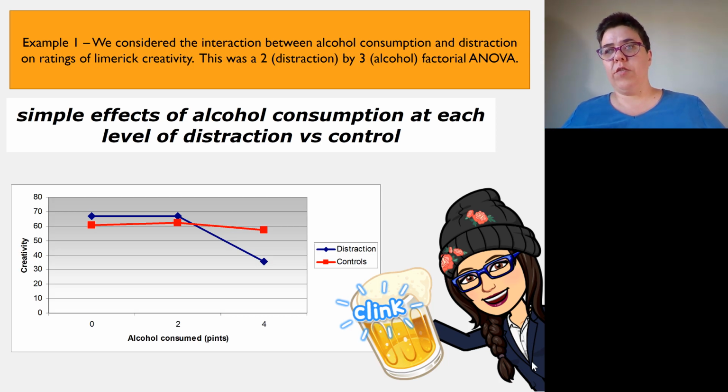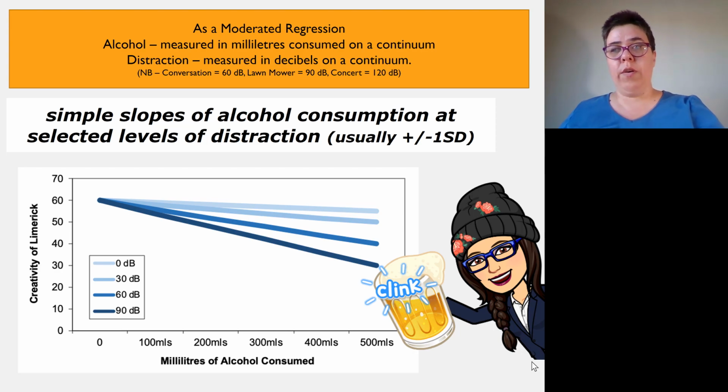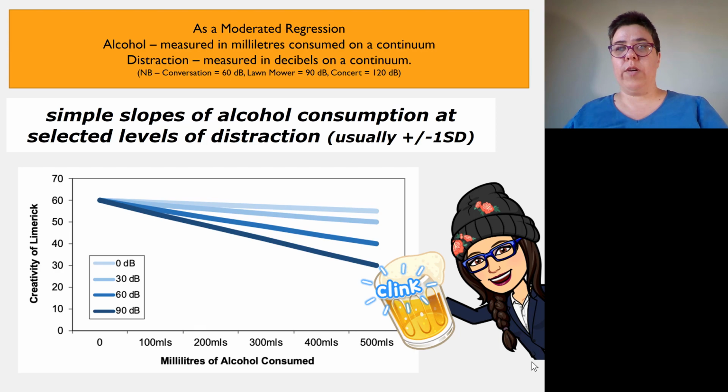But let's imagine that instead of just having distracted or not distracted, we had a whole different number of levels of distraction and a whole different number of drink sizes. So you could have no alcohol or 100 mils, 200, 300, and so on. And you could also be distracted by noises that were, say, 0 decibels, so no distraction, 30, 60, 90.